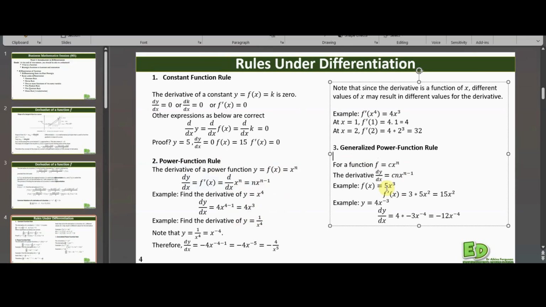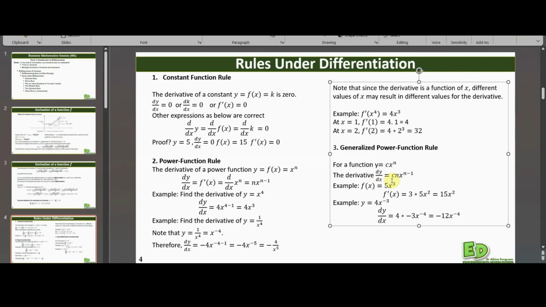So here you can say the coefficient of x cubed is 5, right? So for a function, say y is equal to c x to the power n, how do you find the derivative? The derivative of y with respect to x, dy over dx, we multiply the same coefficient c by the power n.